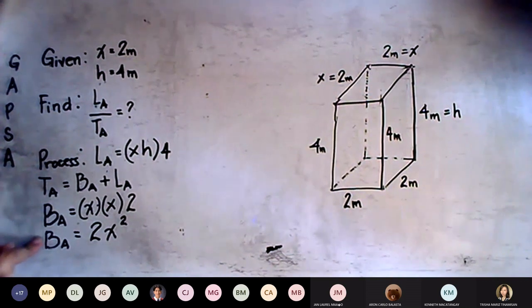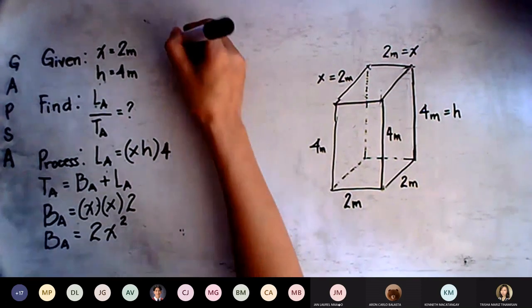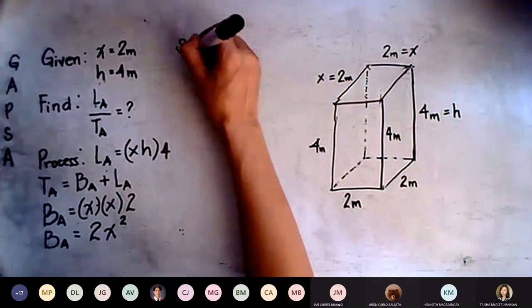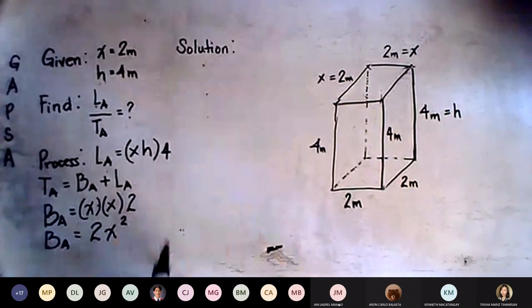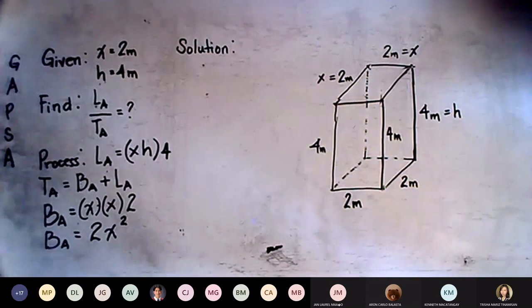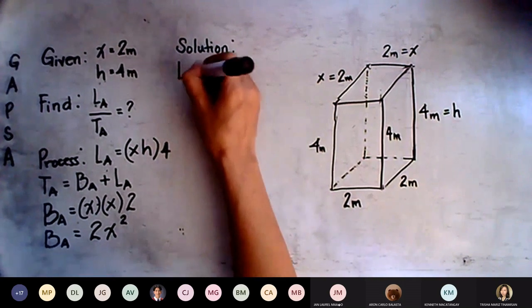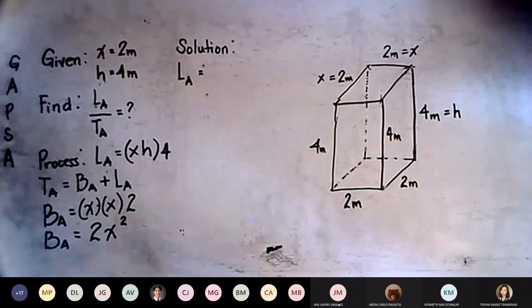Okay, so let me continue. Now we have the area of the base, and we need to determine the total area. We determine first the lateral area. The lateral area is simply 4 times x times h.